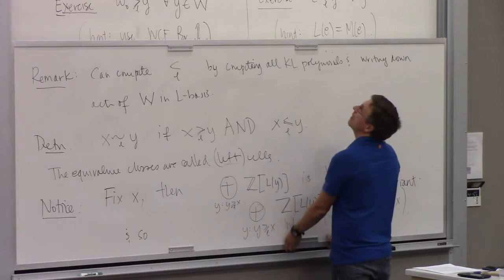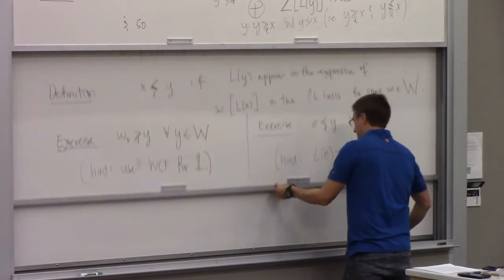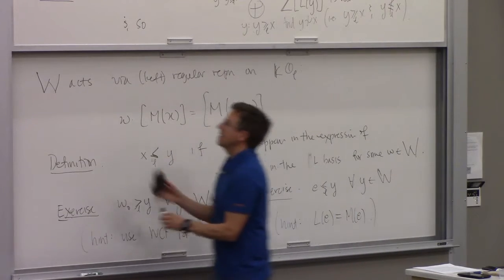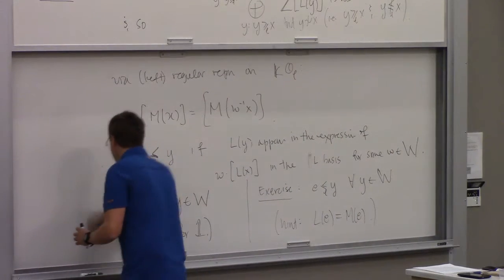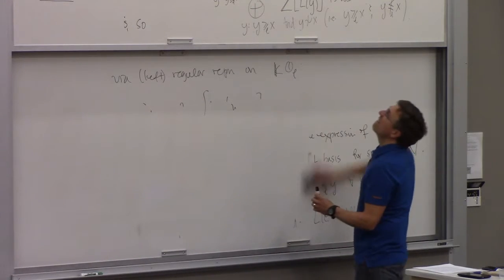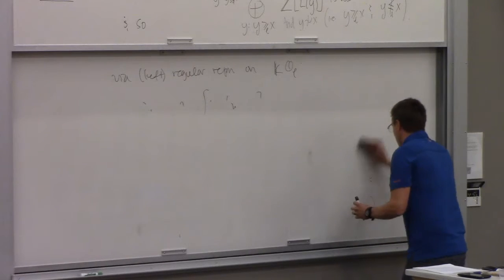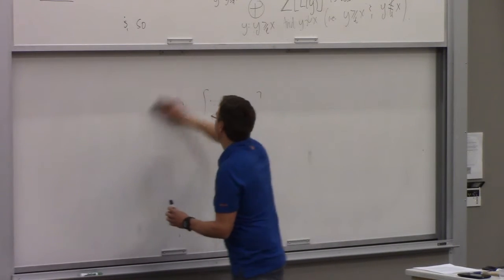So I can take the quotient and get something that's indexed by the things equivalent to x, and that is the left cell representation.